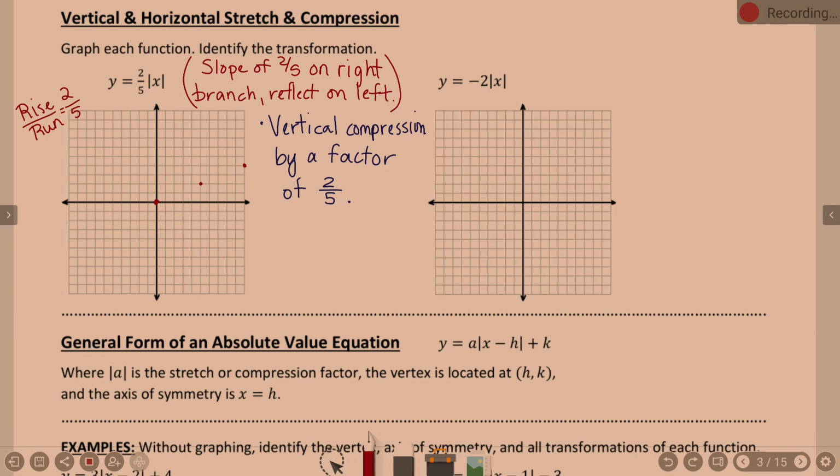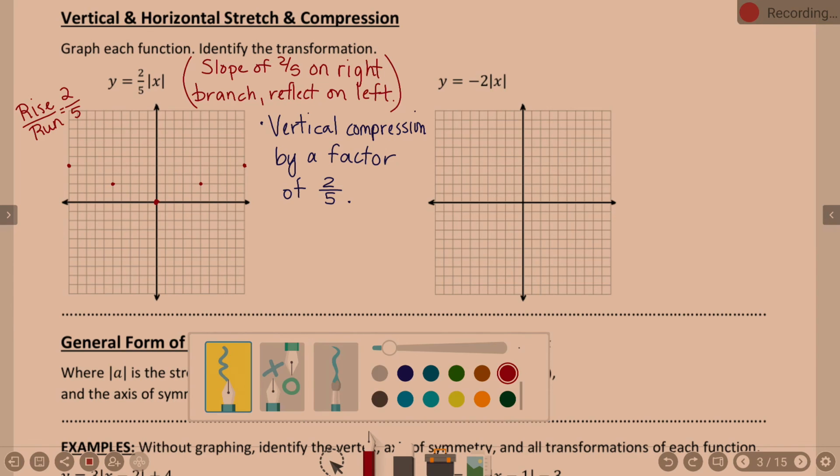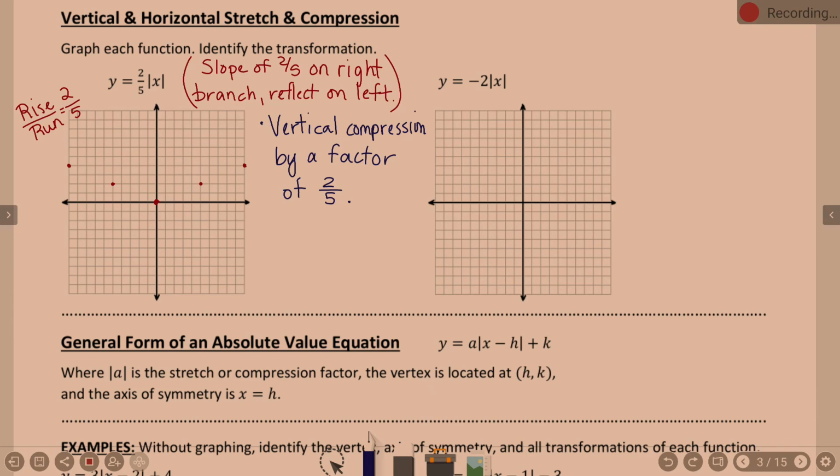Now, if I stop here, what am I going to draw? A straight line. So this is where you have to know it's an absolute value. Now I'm going to go back to the vertex, and I'm going to go up 2, left 5. Up 2, left 5. And then we can connect our dots. Or we can miss the dots, that too.